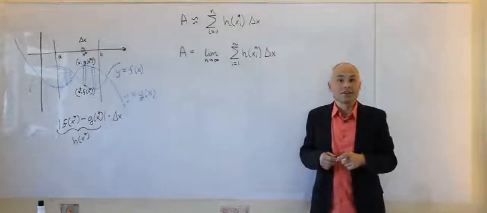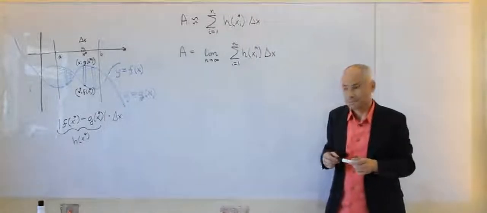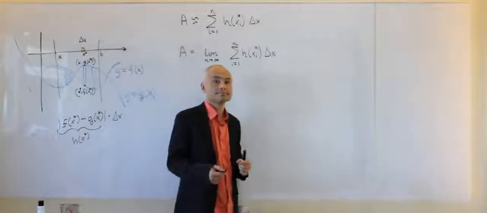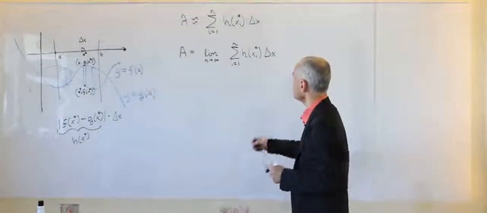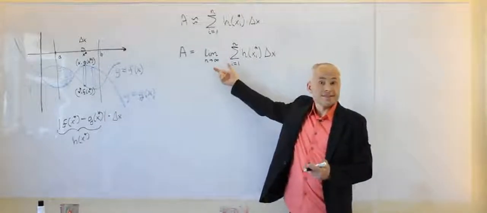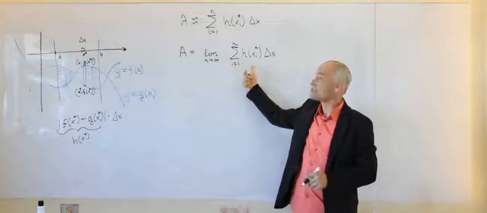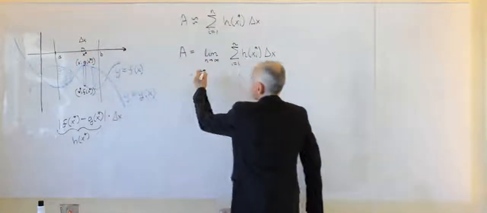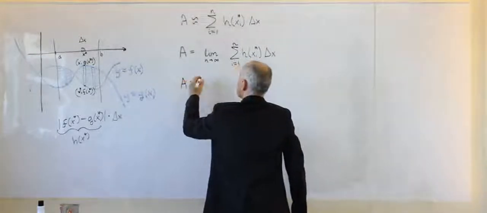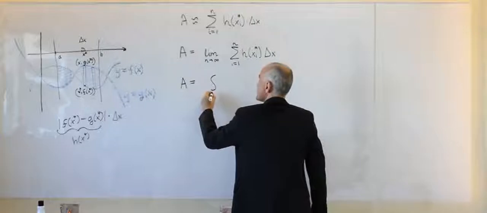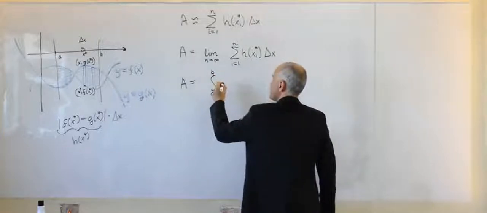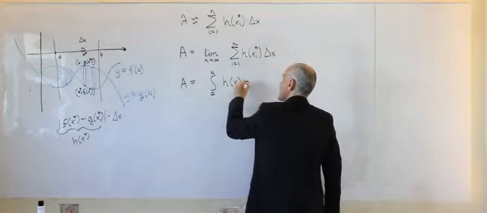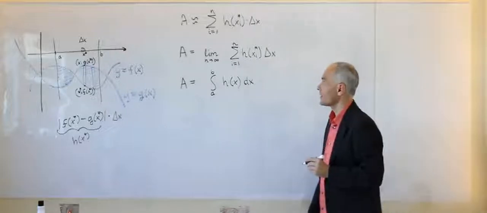Have you seen a summation like that before? So naturally, this is the definition of the integral of h between a and b. So that the summation is the integral from a to b of h of x dx.